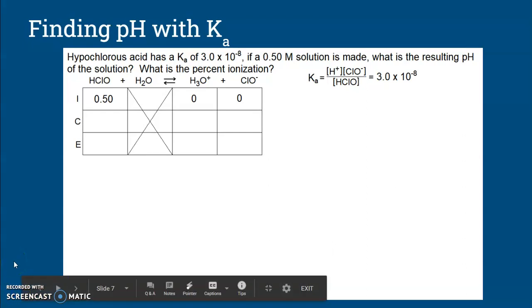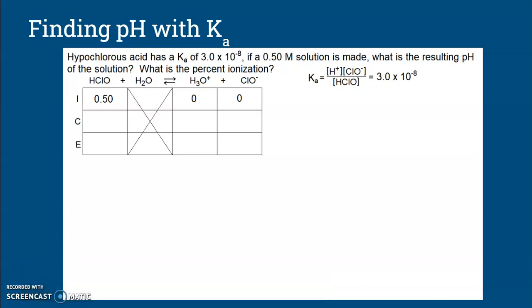So we don't know how much was used and how much we have at equilibrium. We're going to have to, again, use a little bit of algebra here. So we know that for every one HClO that dissolved, we got one H3O plus and one ClO minus. So we're going to use X. We can use minus X and plus X for the ones that were used versus what is made. So then we know that at equilibrium, we have for our HClO 0.5 minus how much got used up.